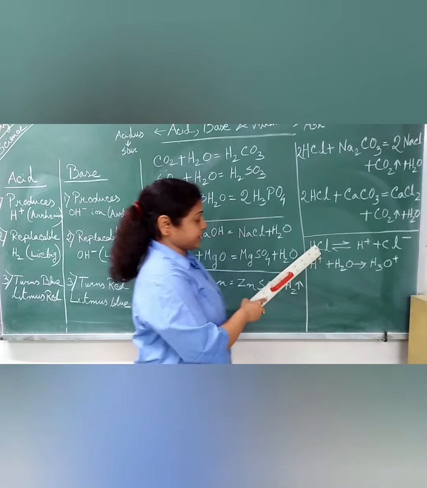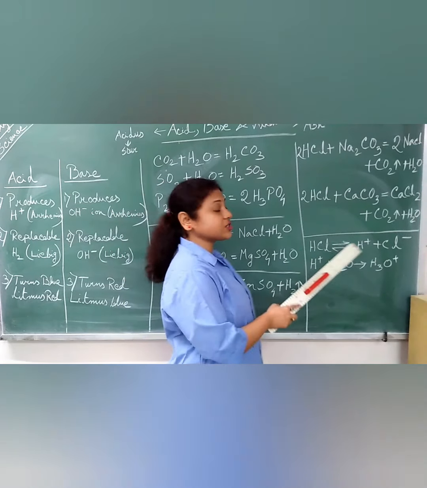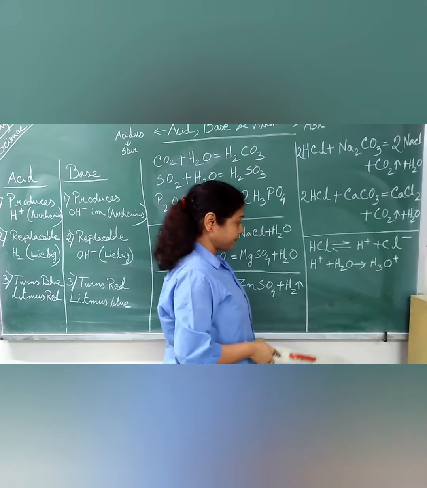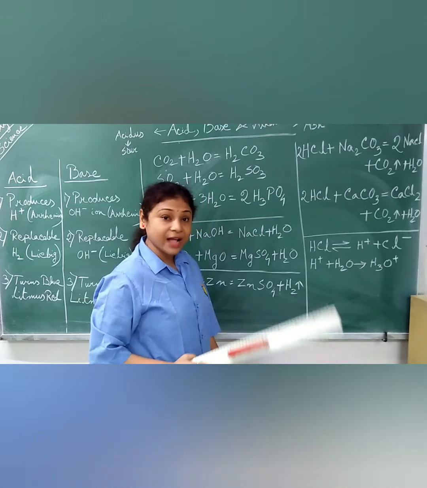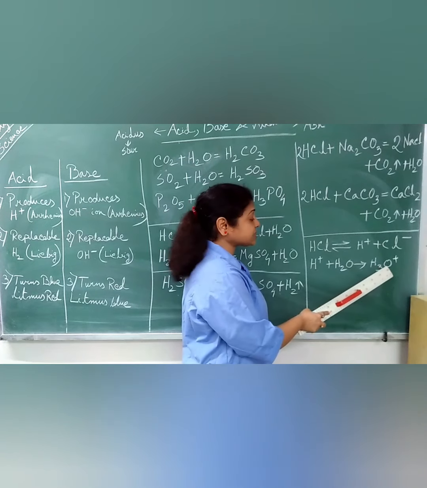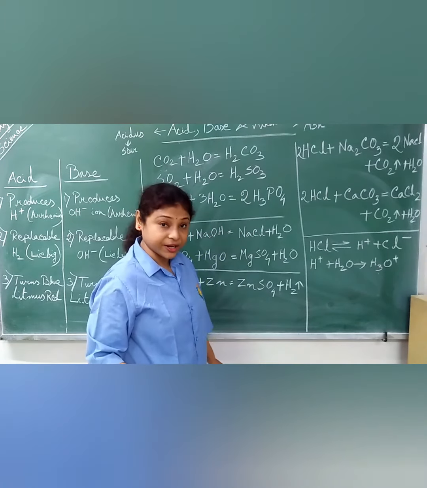Now when acid dissolves in aqueous solution, it will dissolve into ions. One is cation H plus and the other is Cl minus. This H plus ion of acid will react with water molecule to form H3O plus ion, that is hydronium ion.